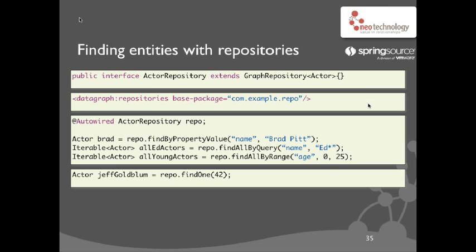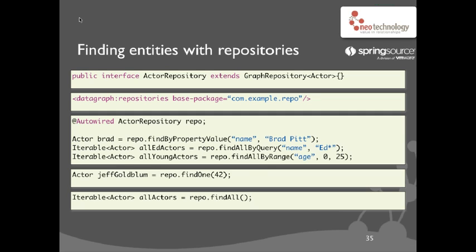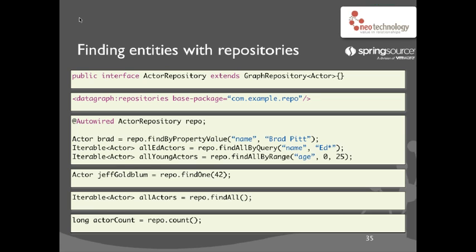We can use find by ID, which is called find one, and you pass in the node ID. We can do simple and brute force things like give me all the actors, as well as just simple count. How many actors do I have in the database right now? We also support full text queries and many other things that you can look into the documentation tutorial to find out more about.